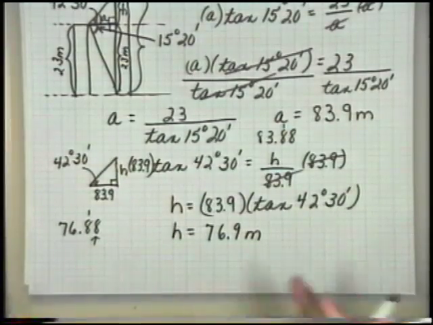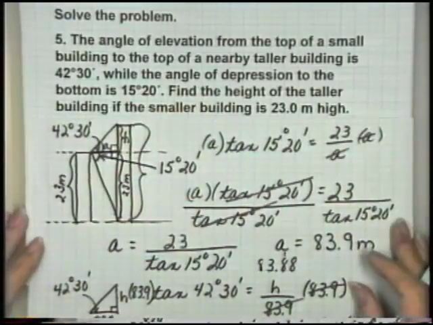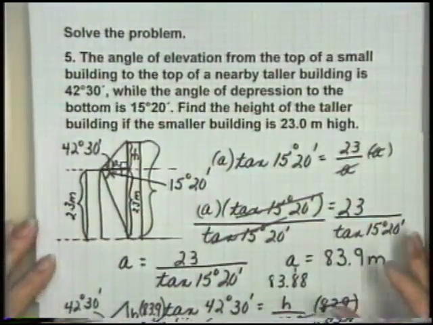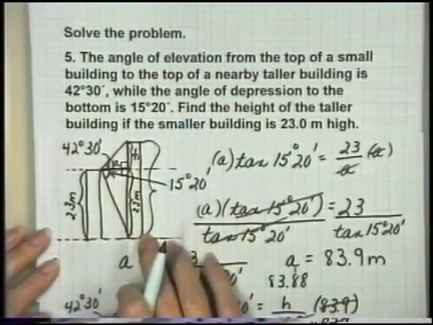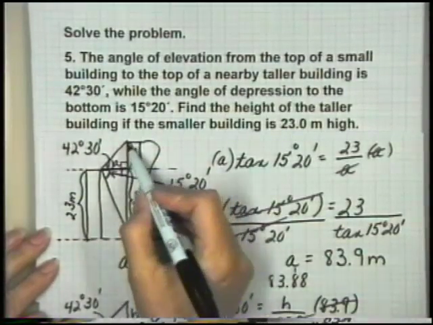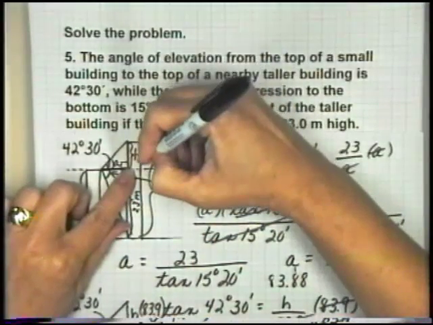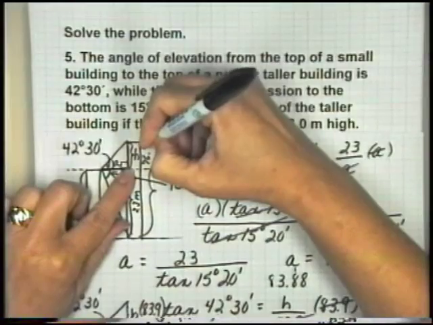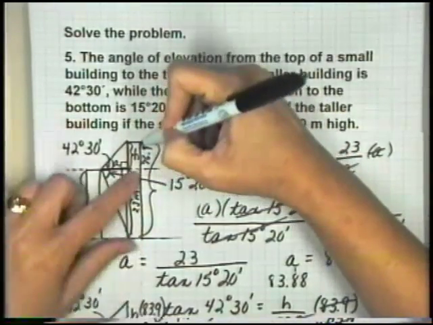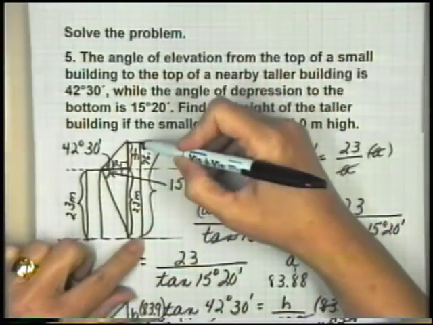Now, is that the answer to the question? What was the question? Well, what I was supposed to do was to find the height of the taller building, wasn't I? Well, I found what H was. I found that this height right here was 76.9 meters, but that's just this little part right here.